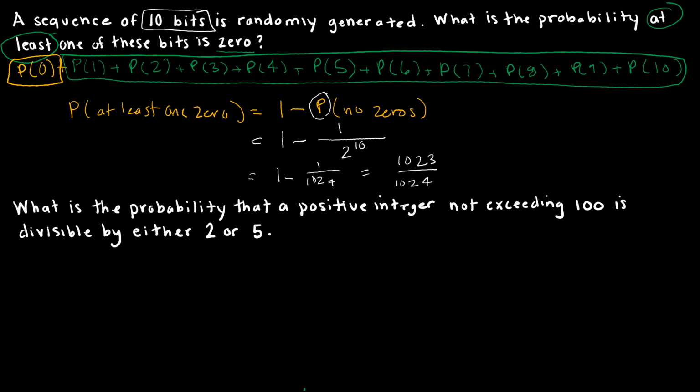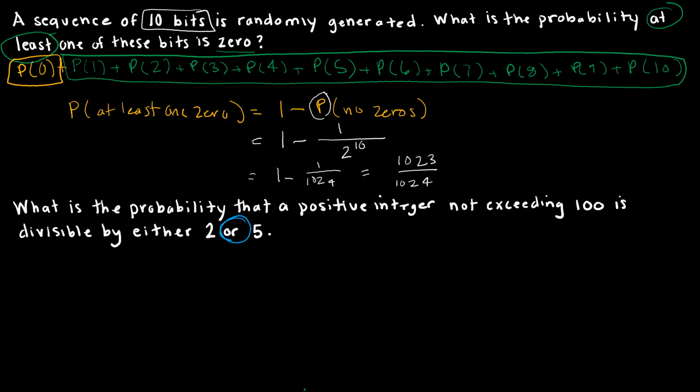All right, let's take a look at the next one. What's the probability that a positive integer not exceeding 100 is divisible by either 2 or 5? So again, I'm looking for either 2 or 5. This "or" tells me that I'm going to have addition.